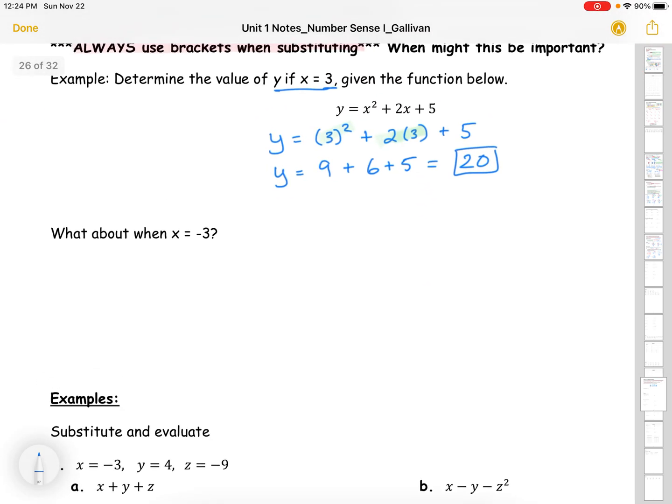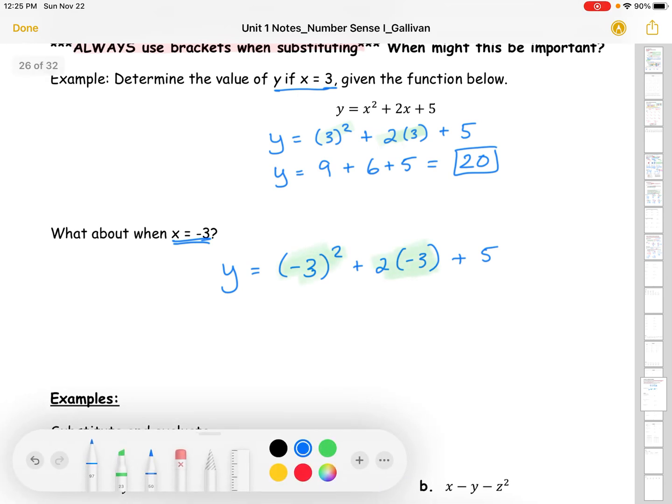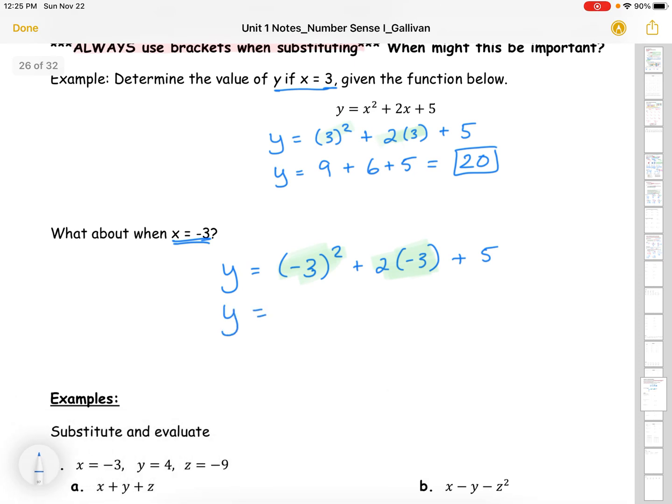Now, why are brackets important? Well, what happens if x equals negative 3? Okay, so let's put that in. y is equal to, put our brackets in, (negative 3) squared plus 2 times (negative 3) plus 5. Now we're going to do the exponents and the multiplication, and then we will add. Negative 3 times negative 3 is 9.